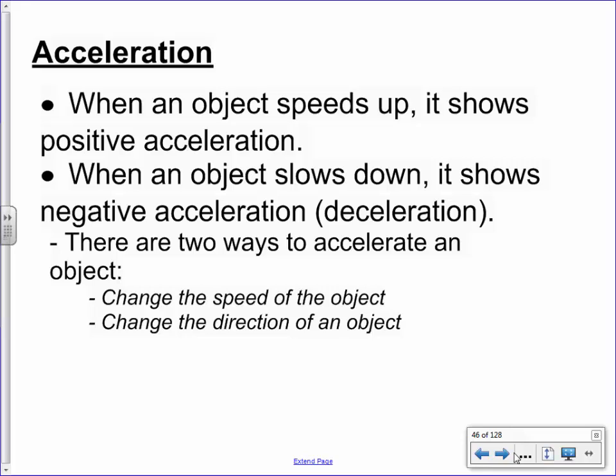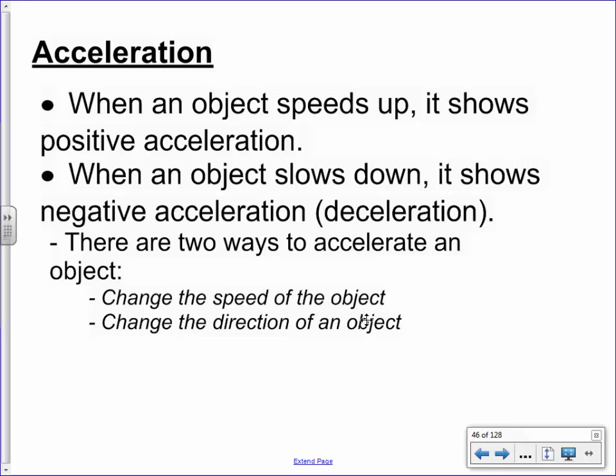So technically there's actually 2 ways to accelerate an object. We're mostly going to focus on the first one though. You change the object's speed. If you take physics 20 with me, we can actually accelerate objects by changing their direction. Most of the time when you do that, it's because you're spinning something in a circle. If I spin something in a circle, it's never going the same direction because it's going this way, and then this way, and then this way.